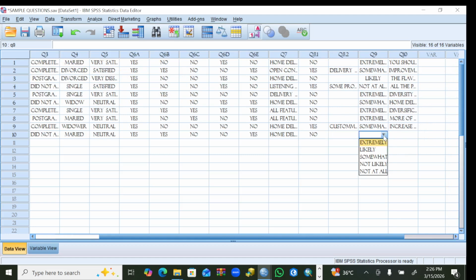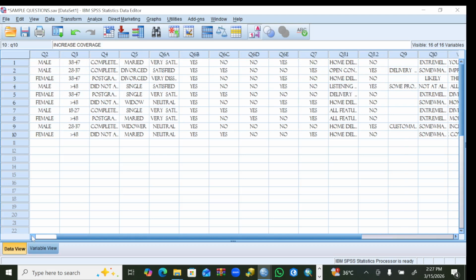And recommendation, she says somehow to recommend. And for future recommendation, she was asking for diversification. Let me say increase coverage. So here it means that some areas are not covered. Maybe she's living in one of those areas.